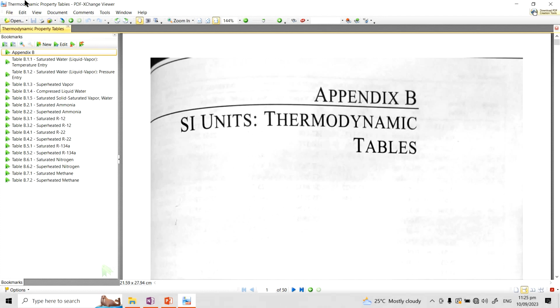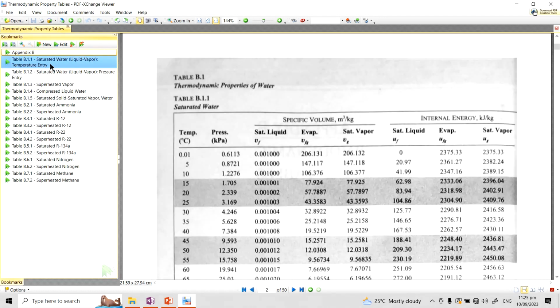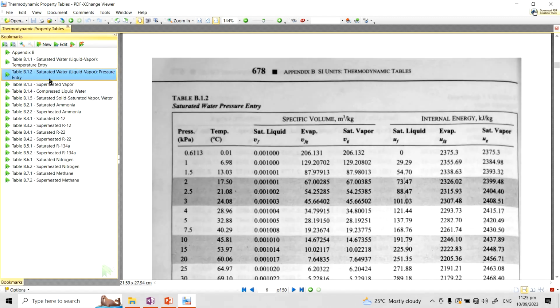I have also included bookmarks for the specific tables. B.1.1 is the saturated water, liquid-vapor, and the entry is temperature. B.1.2 is the same as B.1.1, the saturated water, except that the entry is pressure.